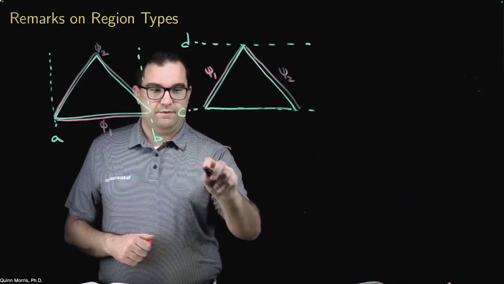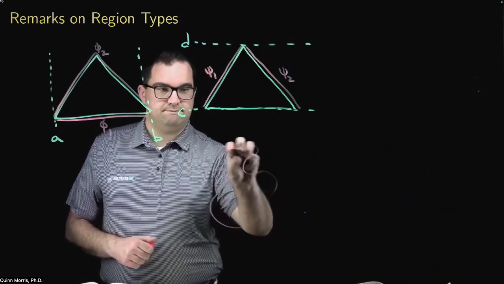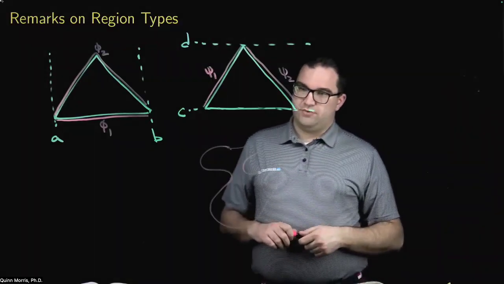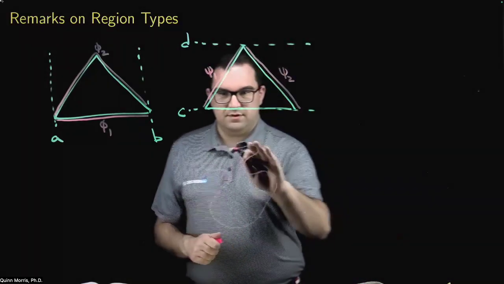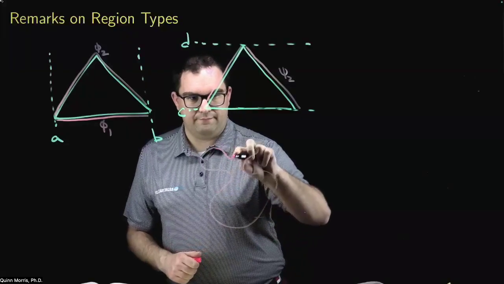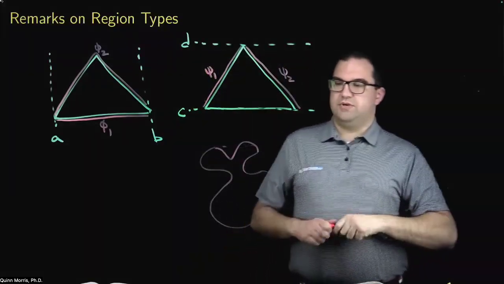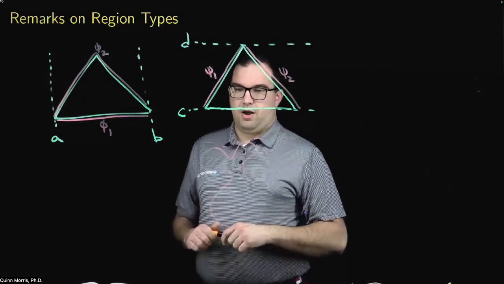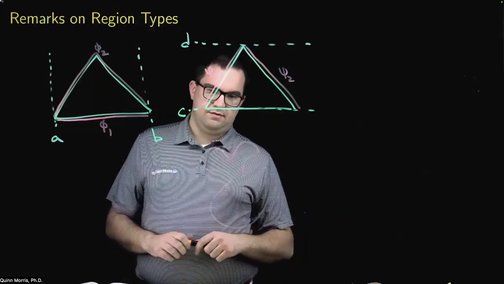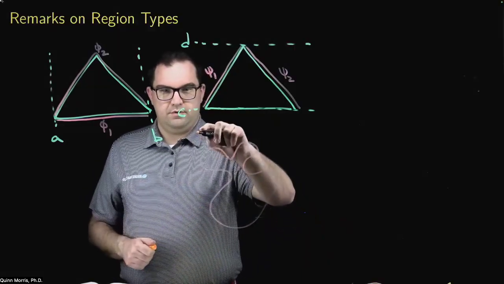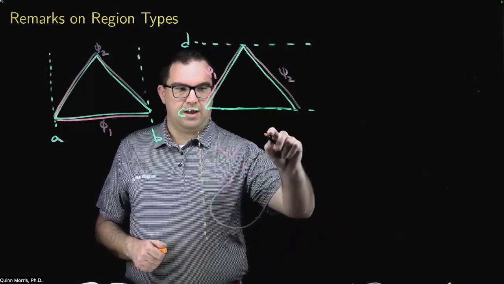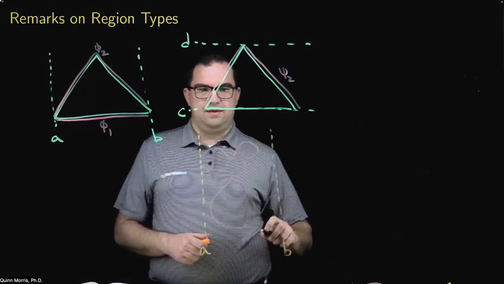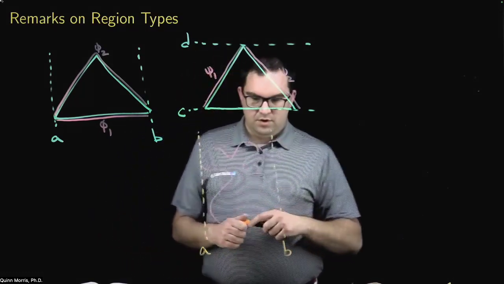So for example, if you start taking particularly wiggly sorts of regions, this region is neither type 1 nor type 2, right? So the problem here is that if I tried to make it type 1, my x values would have to go between this A and this B value.